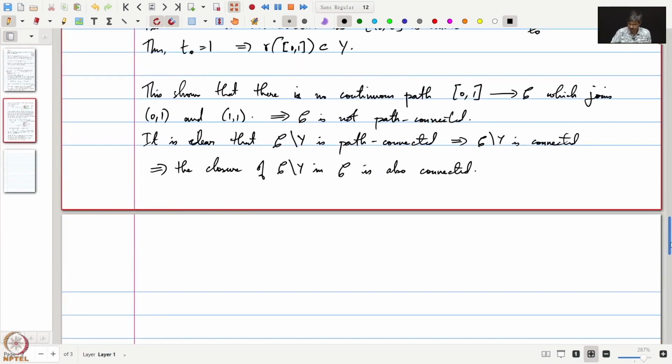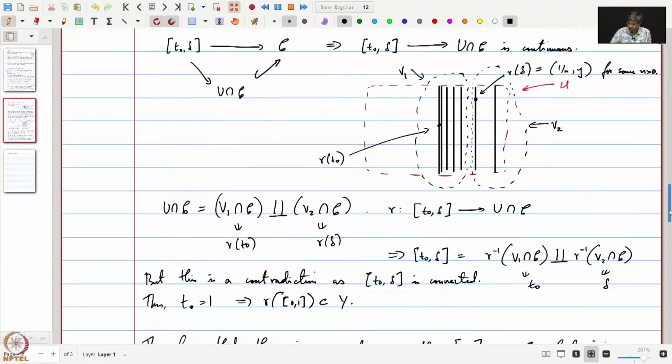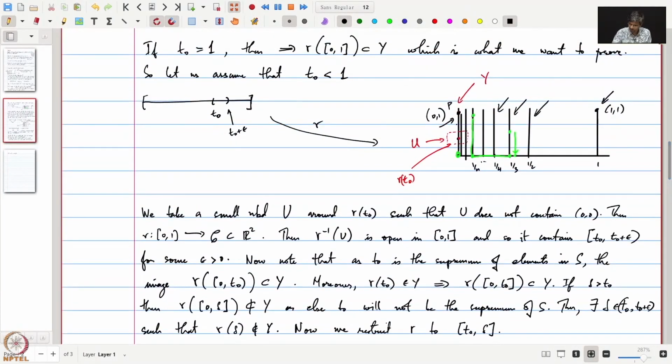But the closure of C minus Y in C is all of C, because if we take any point on Y, we can find a sequence with the same y coordinate which converges to this point Q.